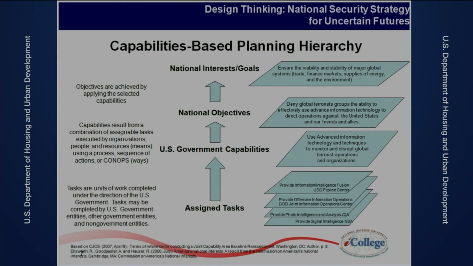There is a structured planning methodology that goes with this called capabilities-based planning, and this is the particular hierarchy. One of the keys is we try to get people to come to agreement on what the U.S. government capabilities are. And we do this through a stress testing methodology. So at the end of the activity, everybody comes back together and we stress test each of the capabilities that the 5 teams have developed against the other 4 worlds.